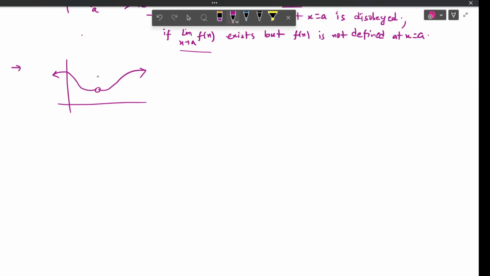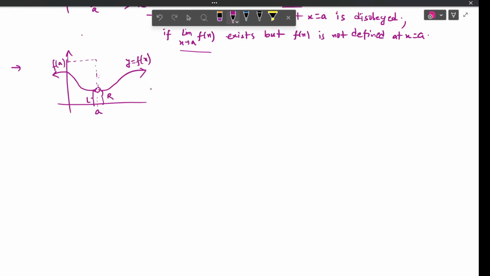There is a hole and left hand limit and right hand limit are equal, and the value of the function at x equals a is, let us say, f(a) here. Now let us say the value of the function at x equals a is f(a), and this is similarly your y equals f(x) curve.